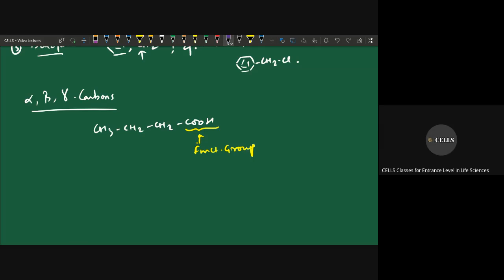So this one will be the alpha carbon, this carbon will be the beta carbon, this carbon will be the gamma carbon. We have studied these in biochemistry as well. For example, if we have CH3CH2OH, OH is the functional group, this will be the alpha carbon and this will be the beta carbon, right?